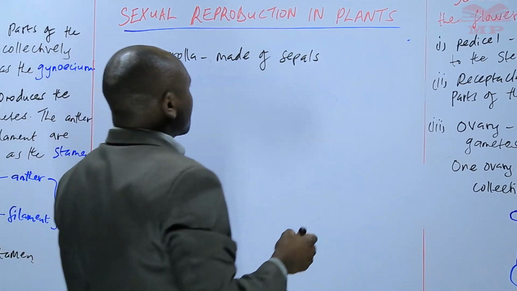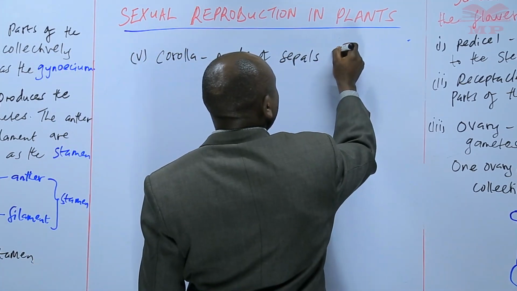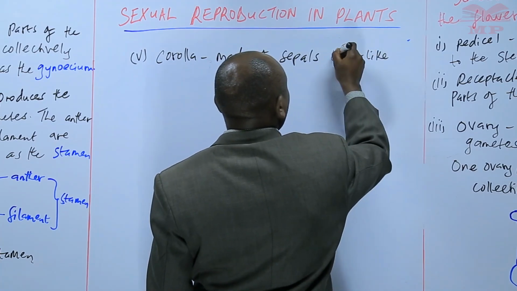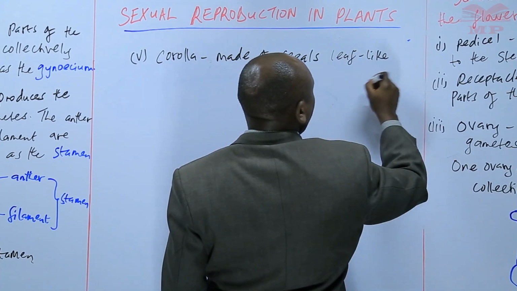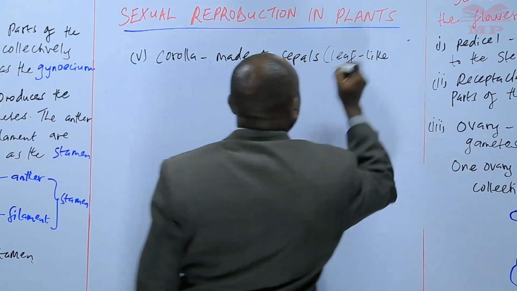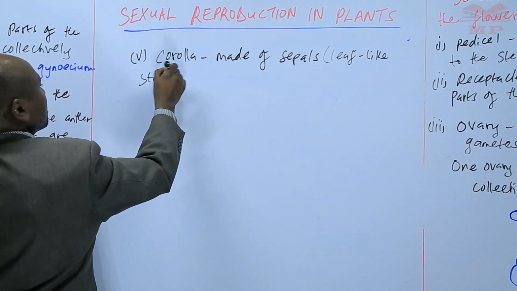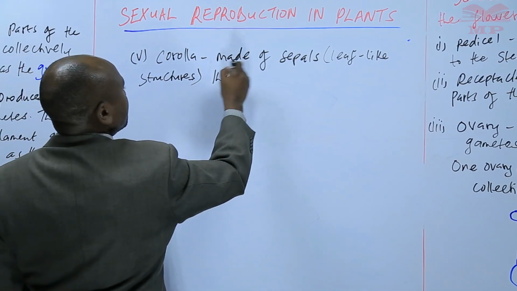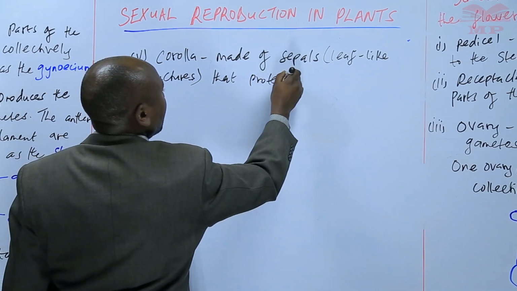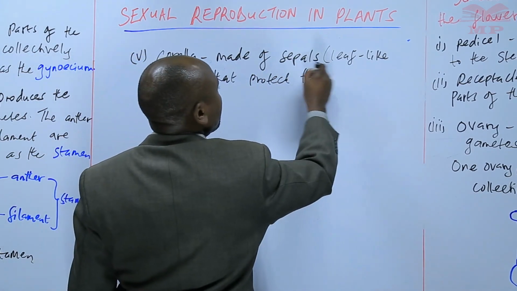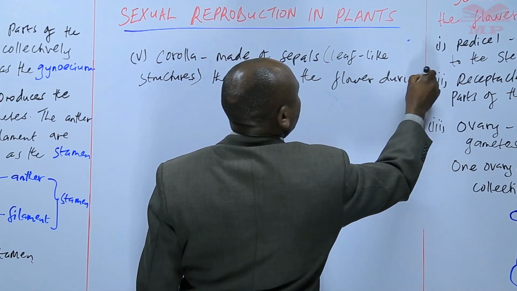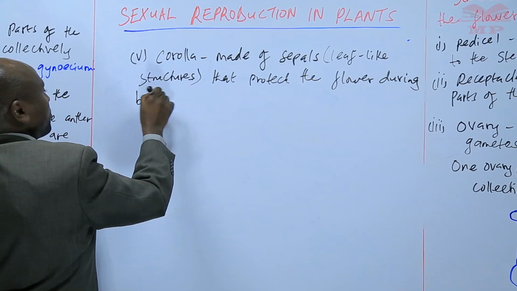And these sepals are leaf-like structures that protect the flower during bud development.